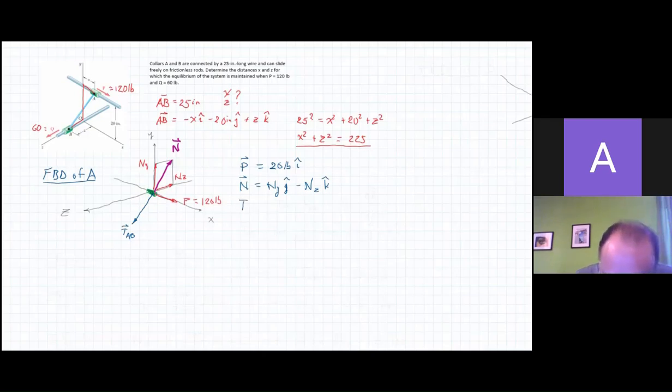Now the force on the cable AB. We are going to decompose it into rectangular components based on the magnitude and the direction. So we are going to express it as the magnitude of the force TAB multiplied by lambda AB, which is the unit vector in the direction of the wire AB.